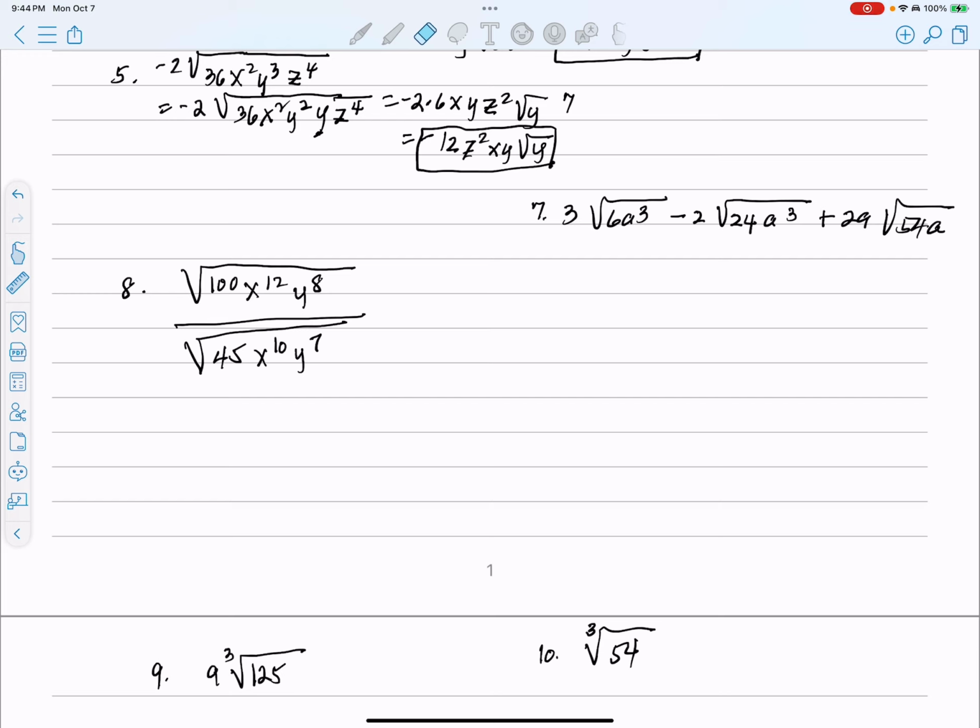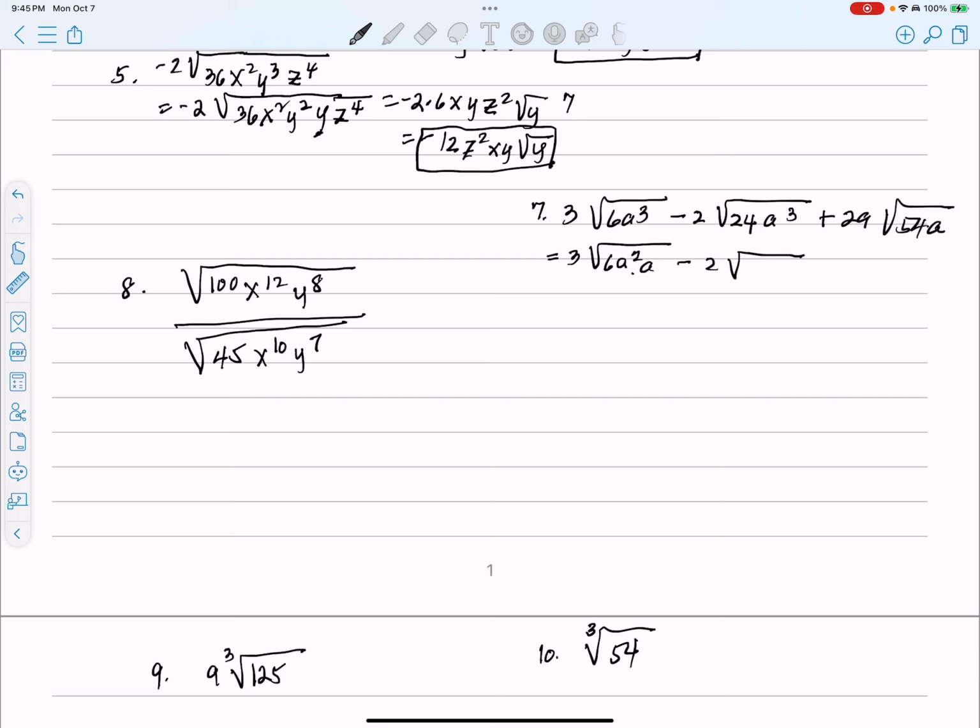If we look at the first radical, we can simplify the a to the third power. Square root of 6a cannot be simplified, but a to the third power, I could factor that as a squared times a. Then 2, square root of 24 can be factored out.